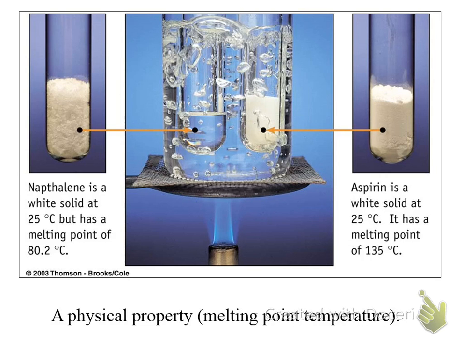Kind of a quick and dirty test: both of those test tubes are seeing 100 degrees Celsius. One of them has melted and one of them has not. That's because this naphthalene over here melts under 100 degrees Celsius, and this aspirin over here melts above 100 degrees Celsius. You could also smell them, because naphthalene smells like mothballs.